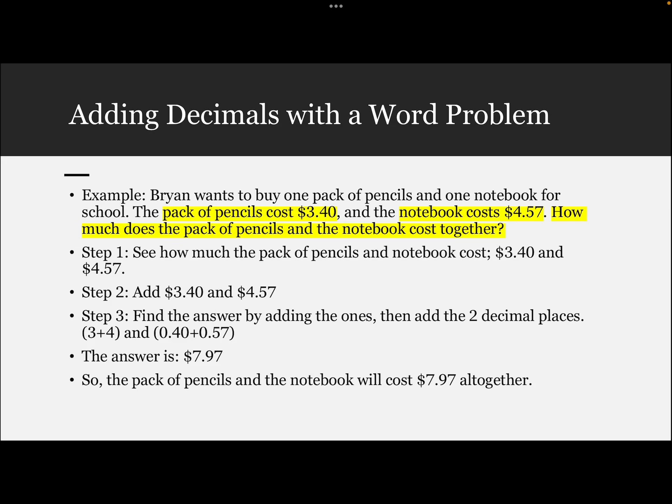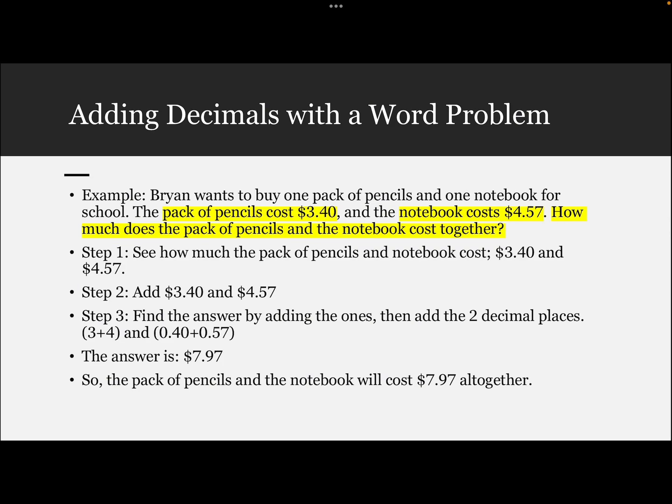Step 1. See how much the pack of pencils and notebook cost. $3.40 and $4.57. Step 2. Add $3.40 and $4.57. Step 3. Find the answer by adding the ones and then adding the 2 decimal places. 3 plus 4 and 0.40 plus 0.57.